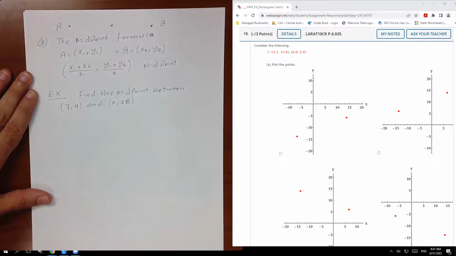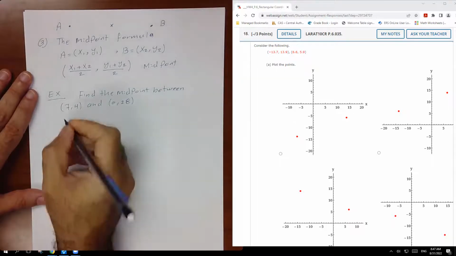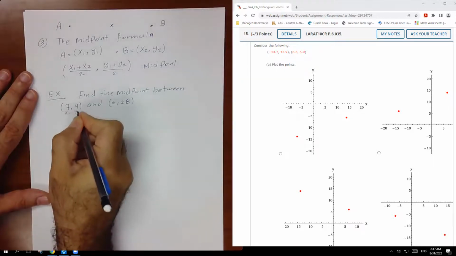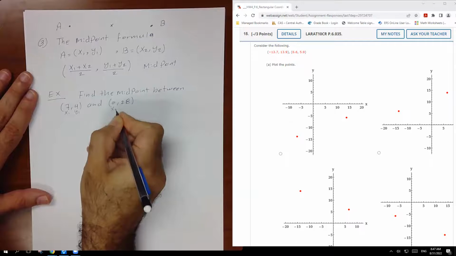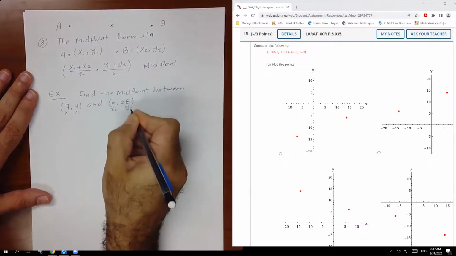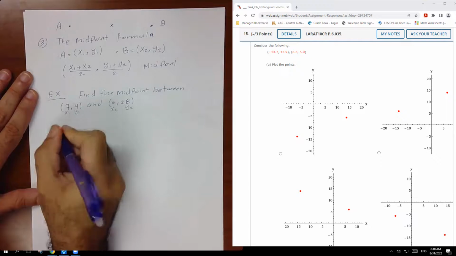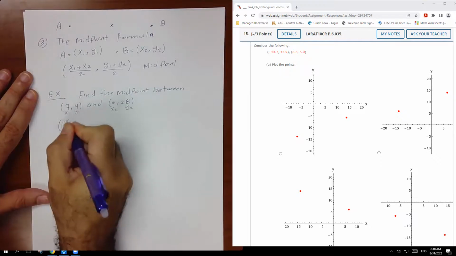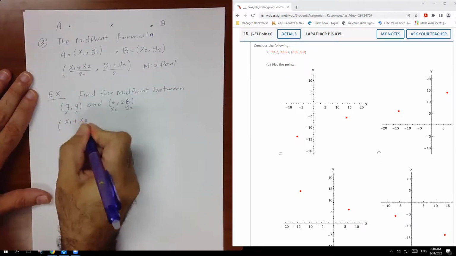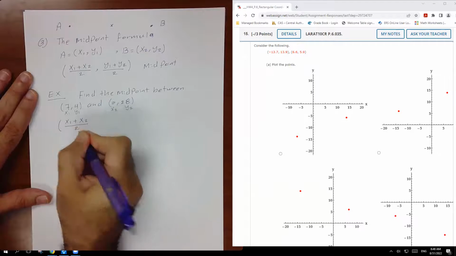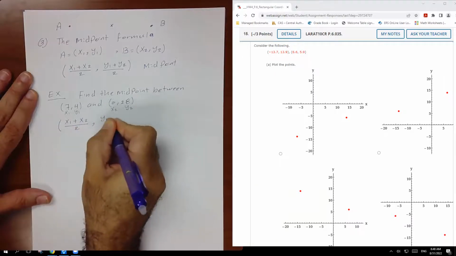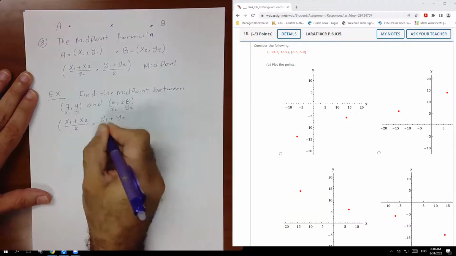So again, we can do exactly the same steps. This is x1, y1, and this is x2, y2. I'm going to use the formula to find the midpoint. So the formula says x1 plus x2 over 2 and y1 plus y2 over 2.